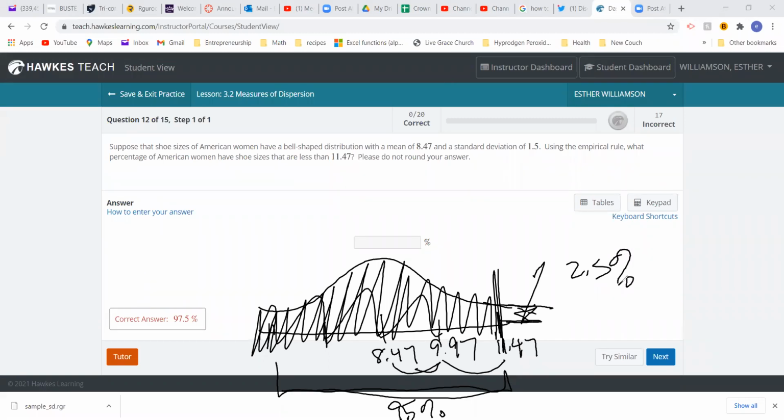And so the rest of that, if we took 100% minus 2.5%, that gives you the 97.5, which is the correct answer. So this area is 97.5%, because the total area under the curve has to be 100%.